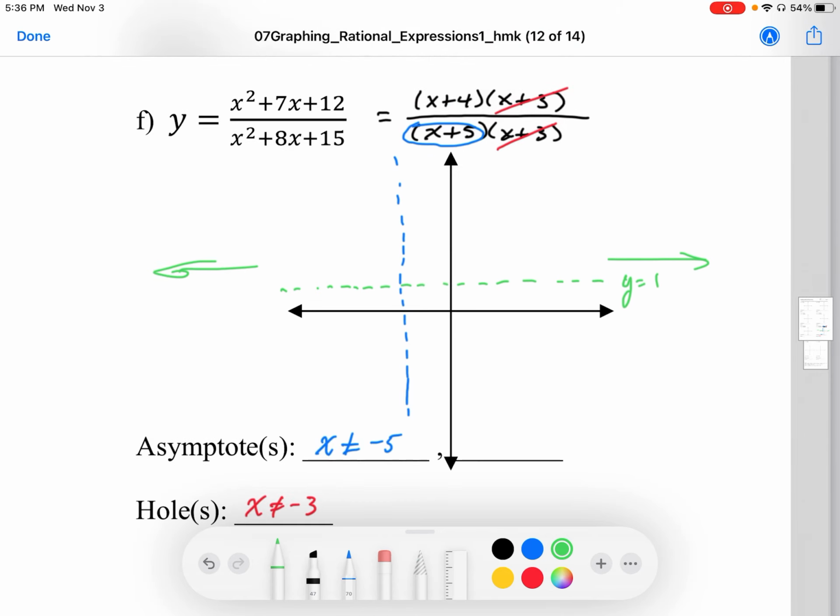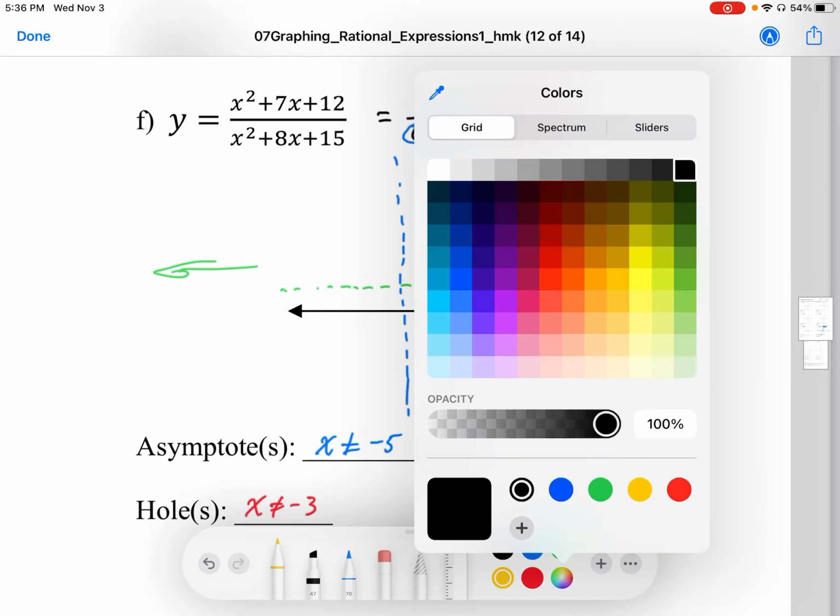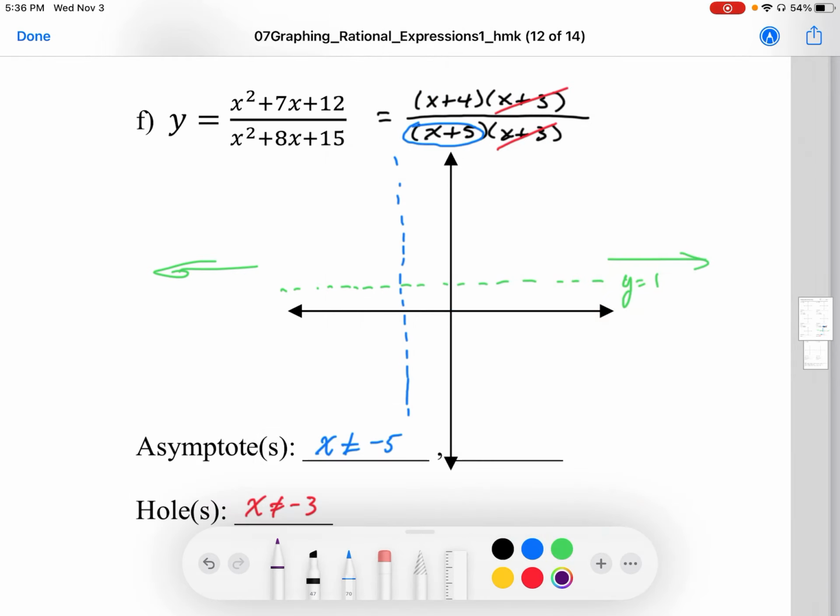From this equation, we can get, let me choose a different color here, let's choose purple, the zeros.